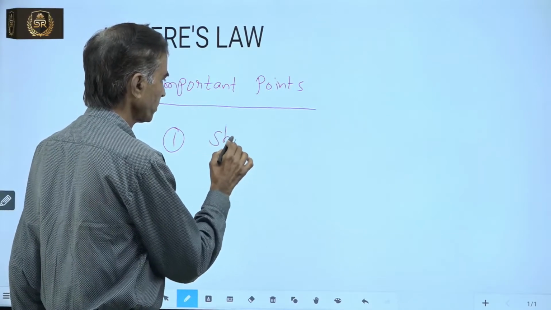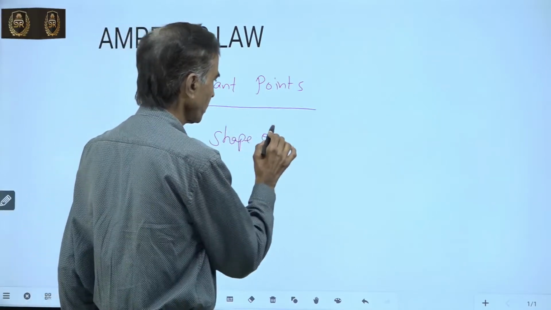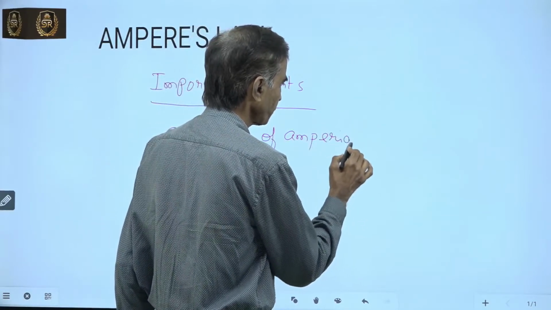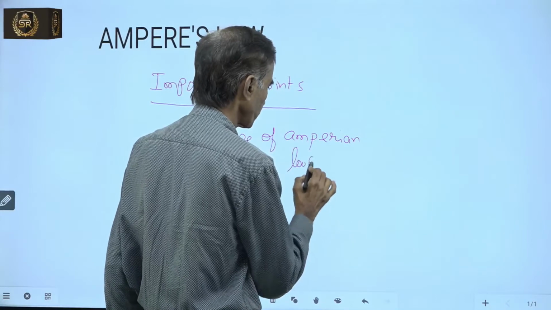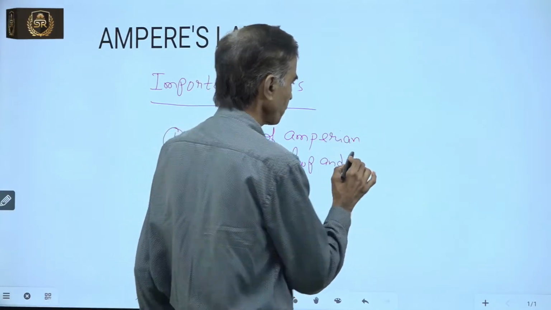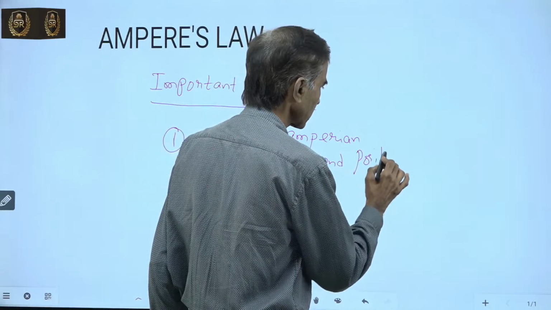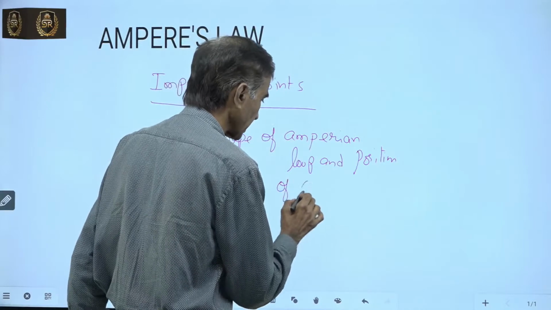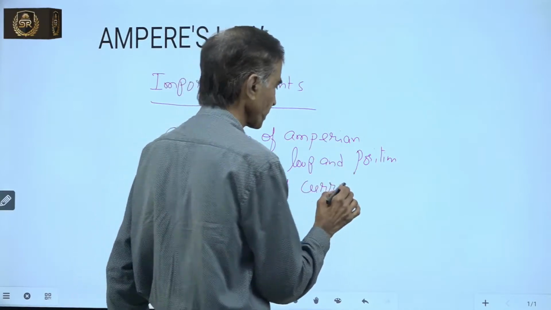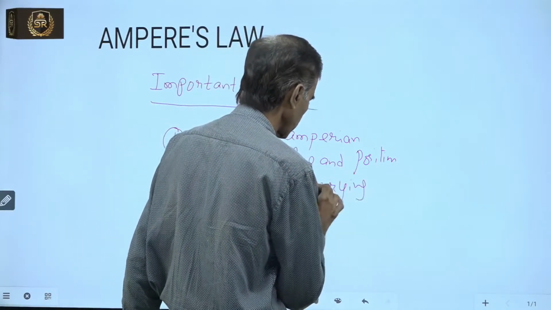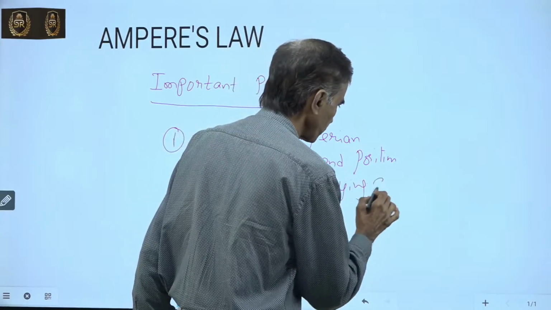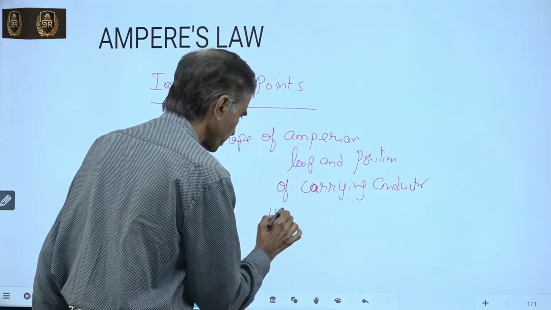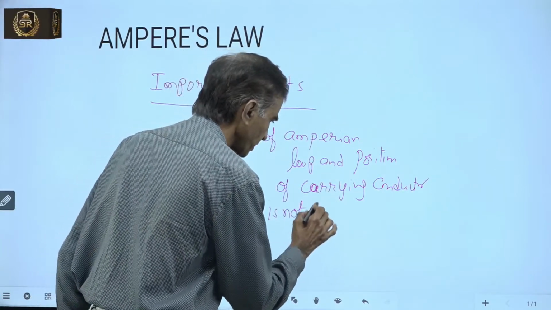So number one, the shape of the Amperean loop and the position of the current carrying conductors are not important.